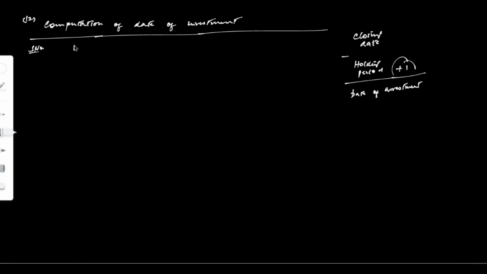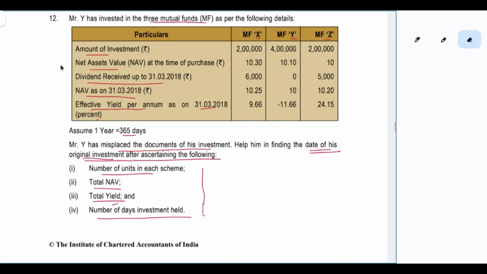Serial number, particulars, working, MF X, MF Y, MF Z. Okay, A. So what is closing date? 31 3 2018.